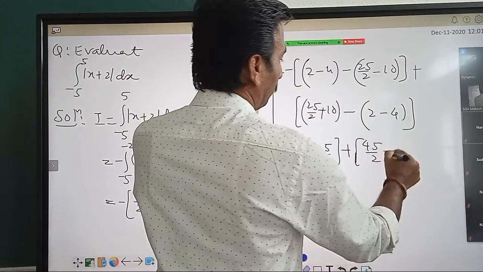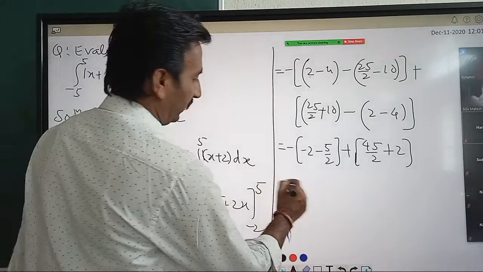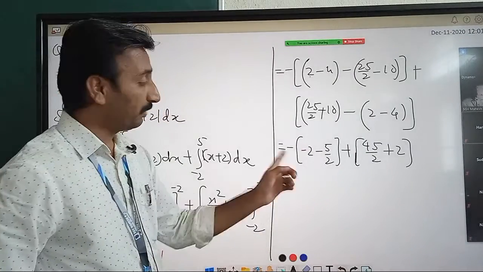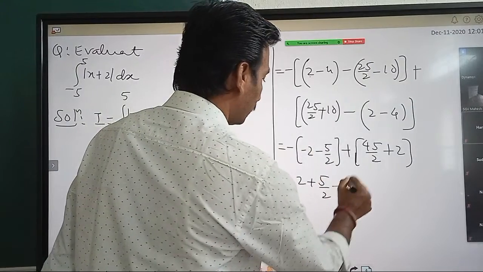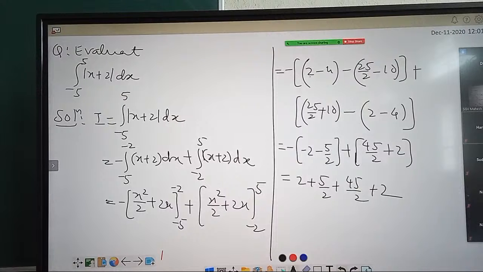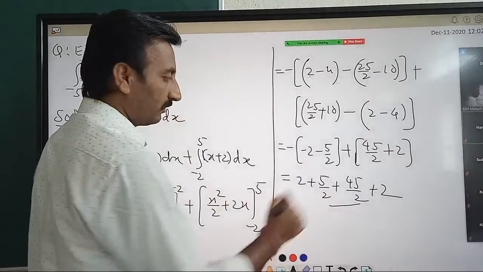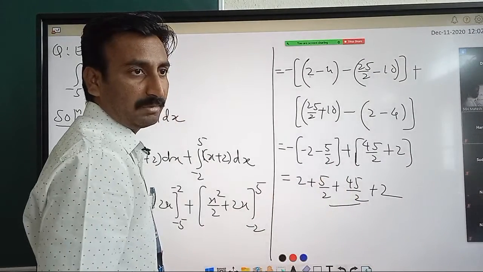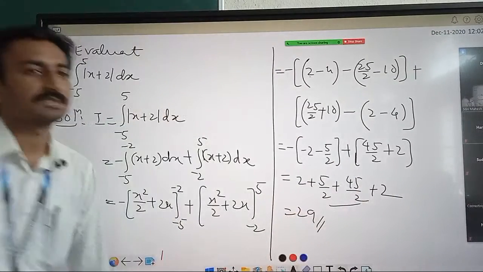It is minus of minus, plus 2. Now if I multiply minus to this, you get plus 2 plus 5 by 2, plus 45 by 2 plus 2. Correct? I just simplified, nothing more. The LCM is the same in both: 5 plus 45 is 50, 50 by 2 is 25, 25 plus 4 gives 29. 29 is the answer for this question. Correct?